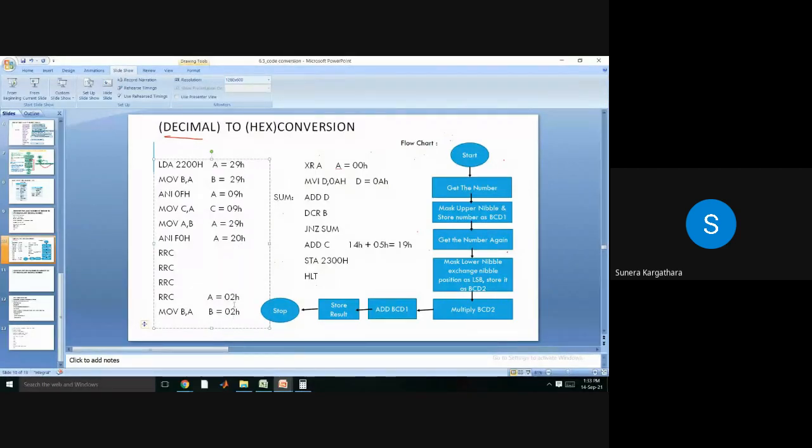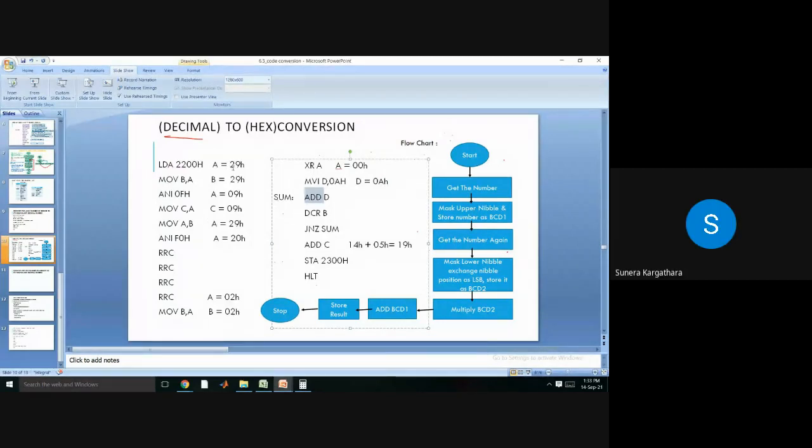Are you getting it, students? Mishal? Yes, ma'am. Okay, so 02 is separated, and this is nothing but my higher nibble. That many times I need to add 0a. Here 0a initially I'm taking in any register, and I will add it count times. What is my count? 2 times.